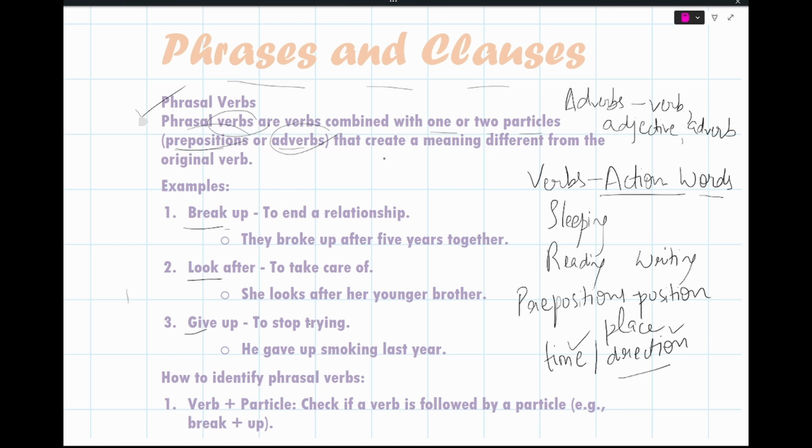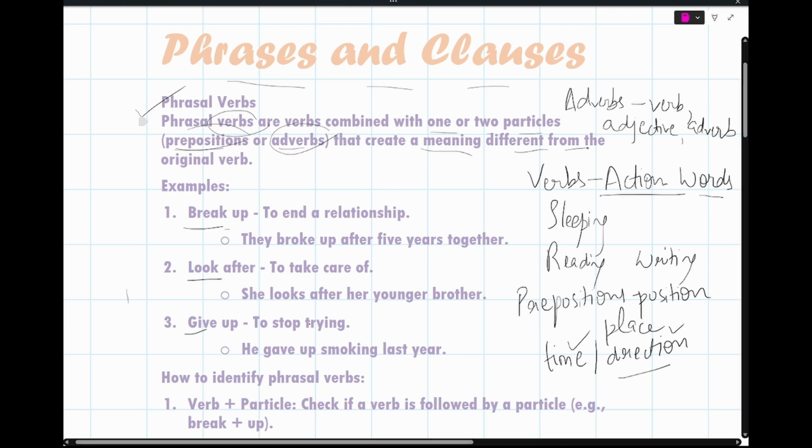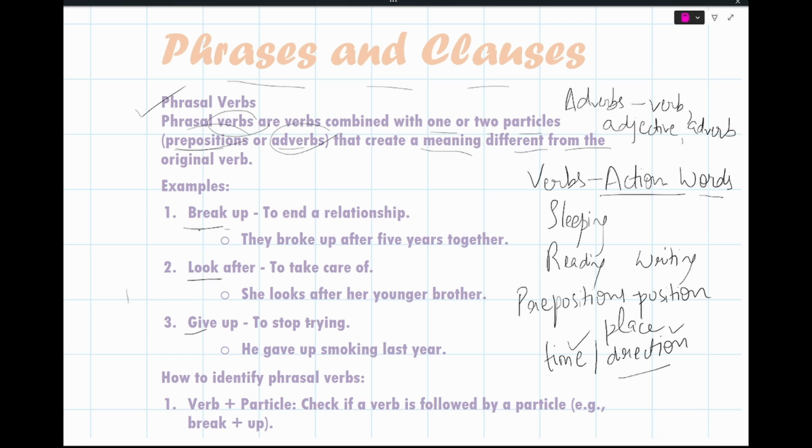Phrasal verbs are verbs combined with one or two particles that create a meaning different from the original verb. Like I told you, if you see the examples break, look, and give, just saying the word itself, it is like an original verb. It's just like a base form of the verb, like break, look, give. Some kind of action is happening in each.